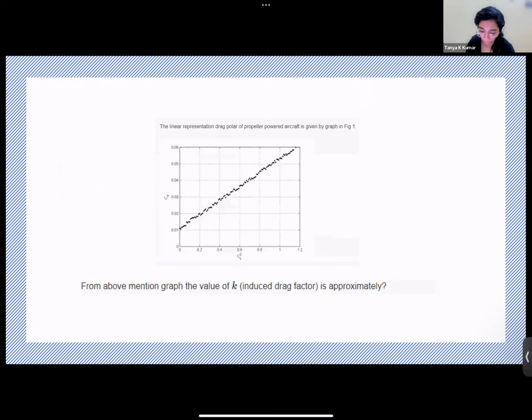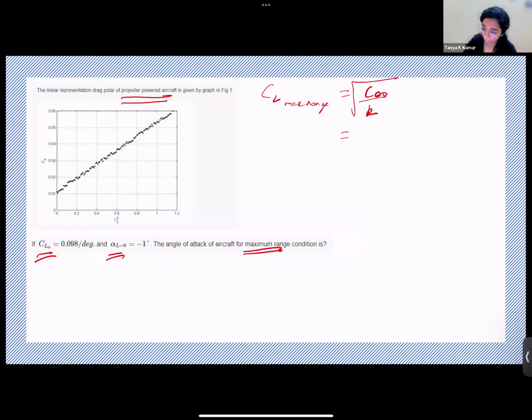What was it? 0.011. K was 0.045. Under root of that, what would this value be? I haven't calculated it, so let's try doing it now. It's around 0.49, something like that. So that is your CL for maximum range.